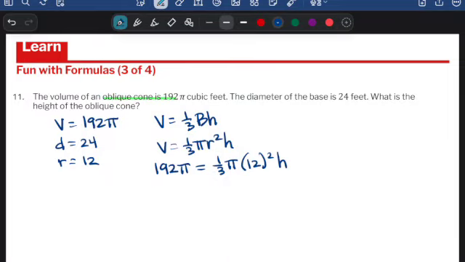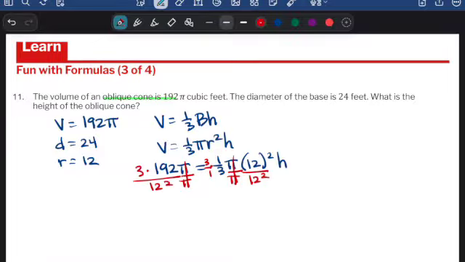We are solving for h, so we're going to divide both sides by pi. So those will cancel out. And then we need to multiply by the reciprocal of 1/3, so we're going to multiply both sides by 3. And then we would need to divide by 12 squared.